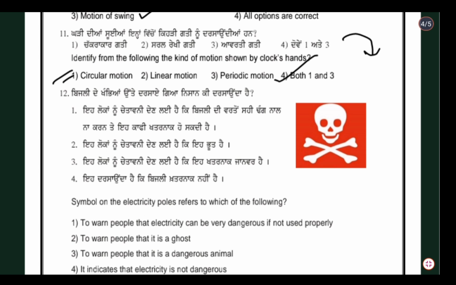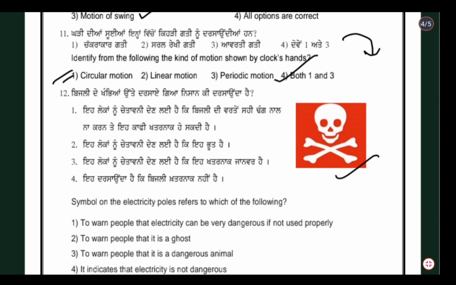So question number 12. The symbol on an electricity pole, this symbol refers to which of the following? So this is to warn people that electricity can be very dangerous if not used properly. It is not to warn people that there is a ghost, no. To warn people that it's a dangerous animal, no. It doesn't indicate that electricity is not dangerous.